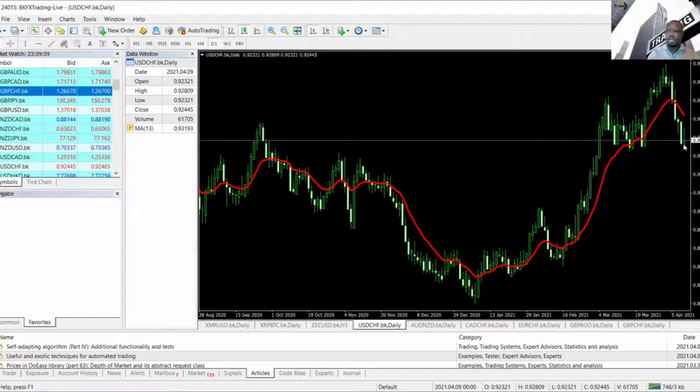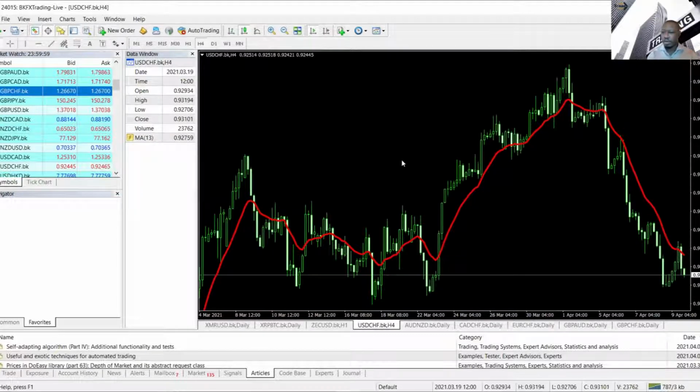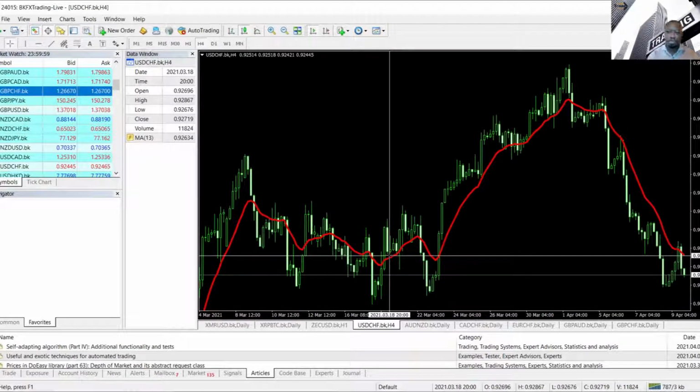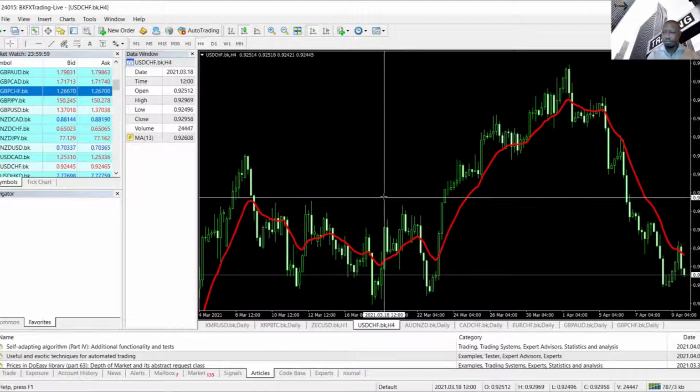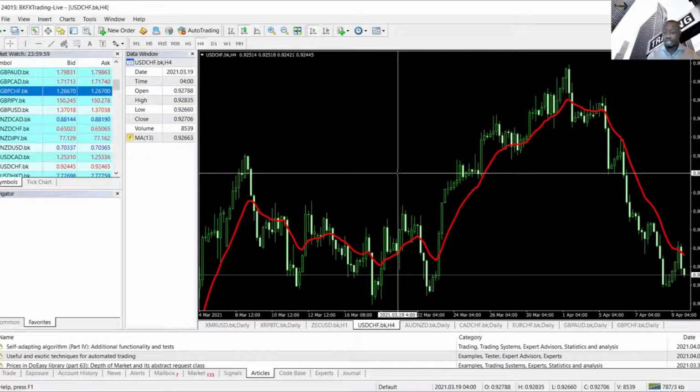So in the coming new week, we will be buyers, and we will take our entry point from the 4-hour chart, at about 0.92655. Our take profit will be 0.9470. That's for the USD Swiss franc.